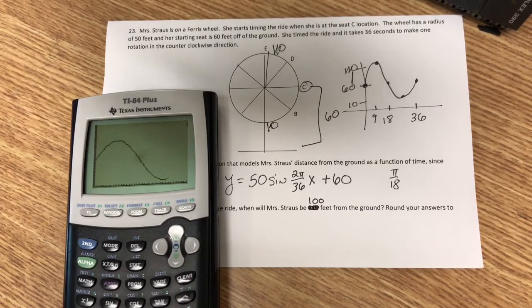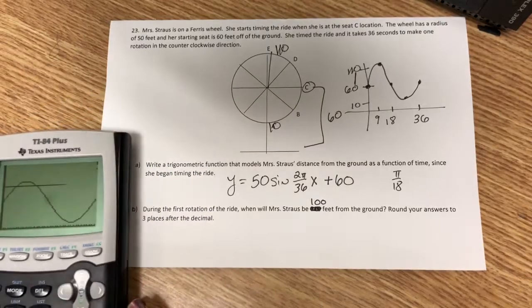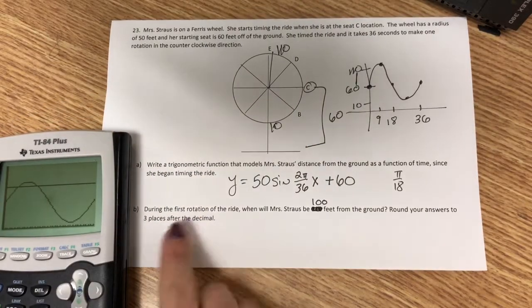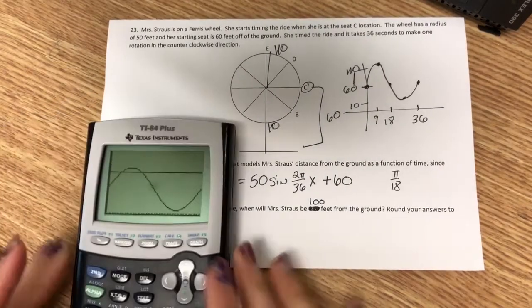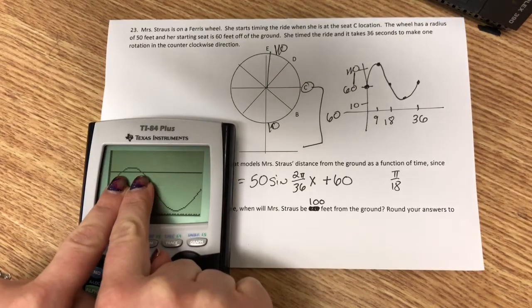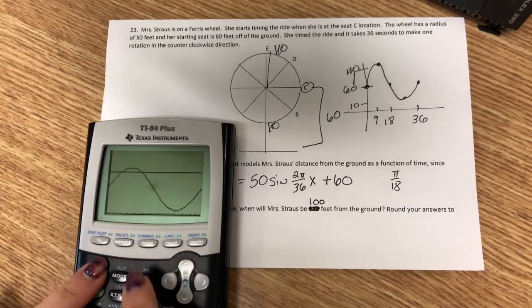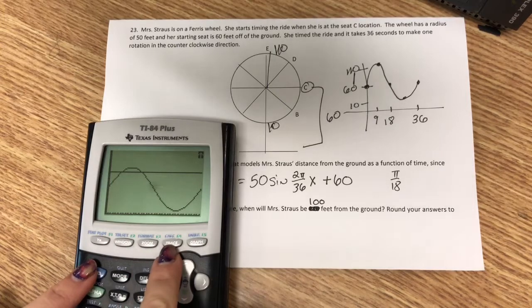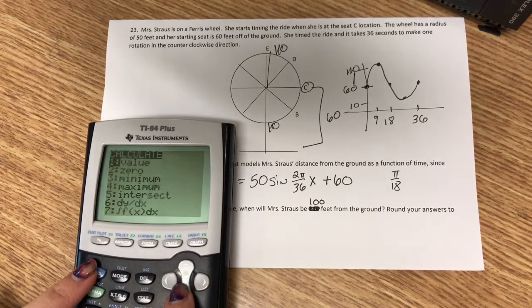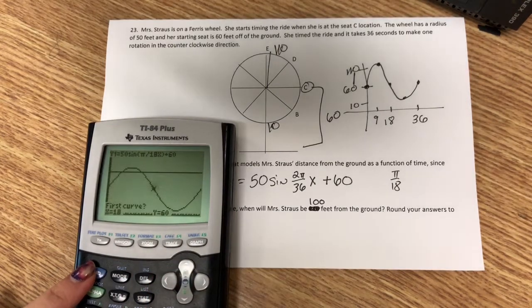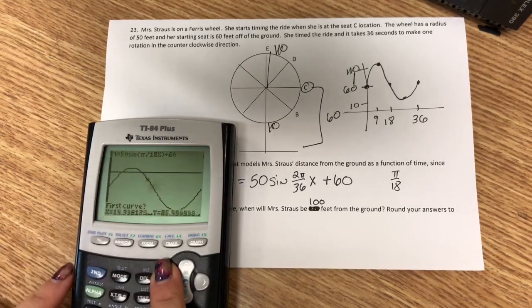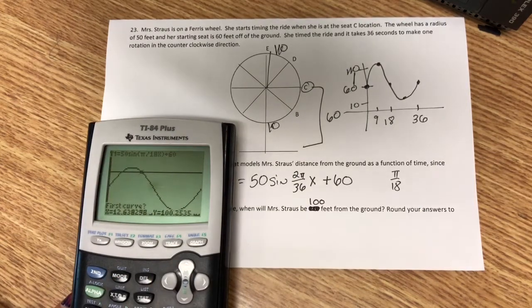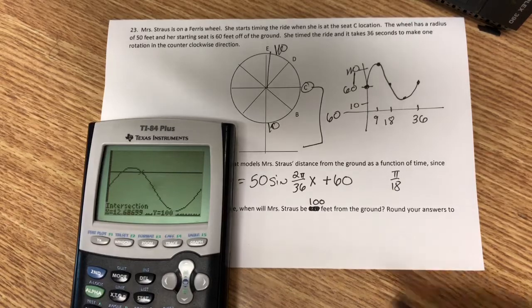So there's one rotation. So it says during the first rotation of the ride. And those are the 2 times she's at 100 feet. So we're going to do second, calculate, second trace, intersect. I'm going to arrow to this spot, hit enter 3 times.